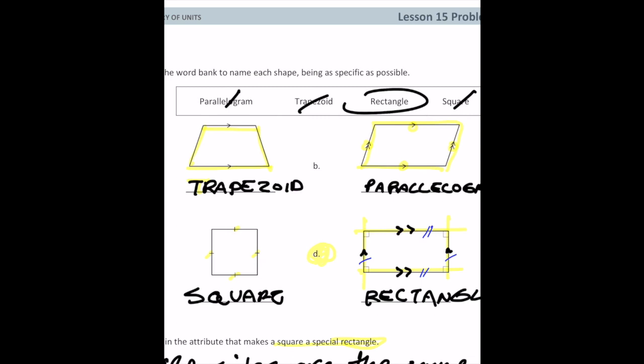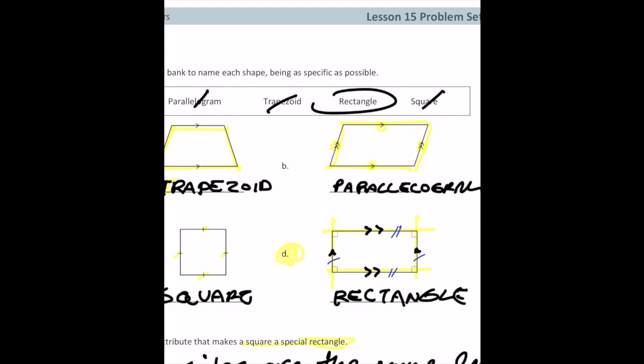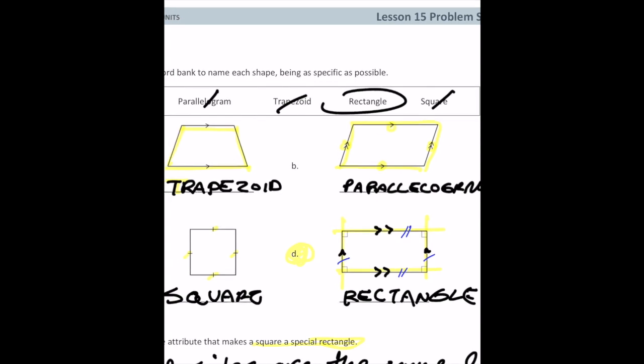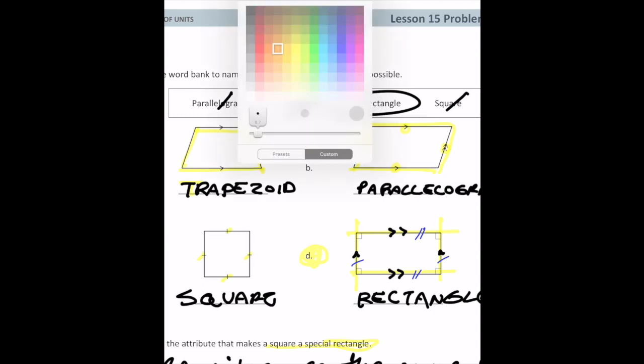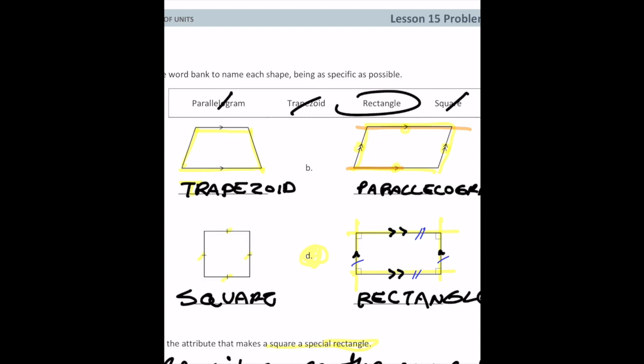The first thing a parallelogram has is it has 2 sets of parallel sides, and then in the case of the trapezoid, it only has 1 set of parallel lines. So we know that if I change the color here, let's go ahead and do that. If these two are counted like these two, then it qualifies as being a trapezoid.